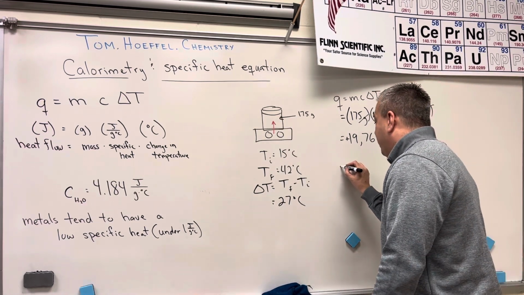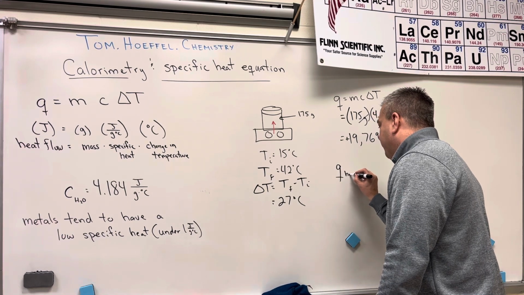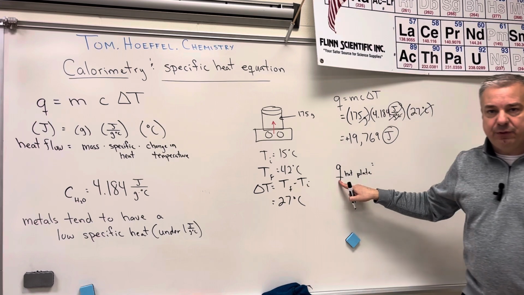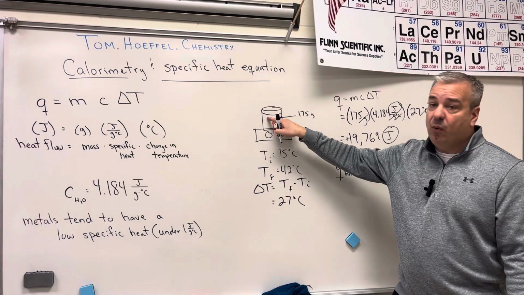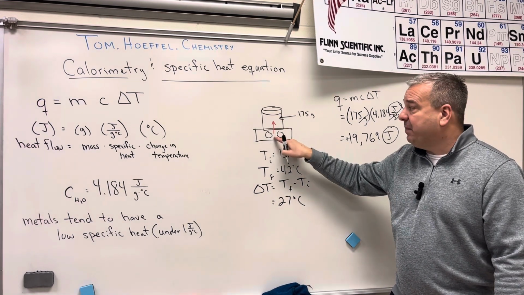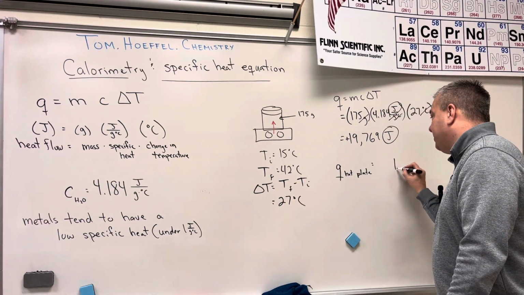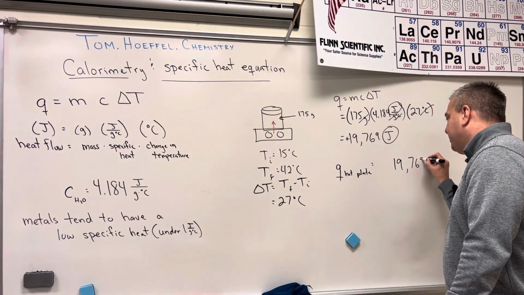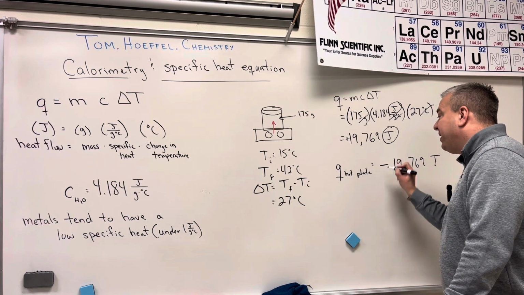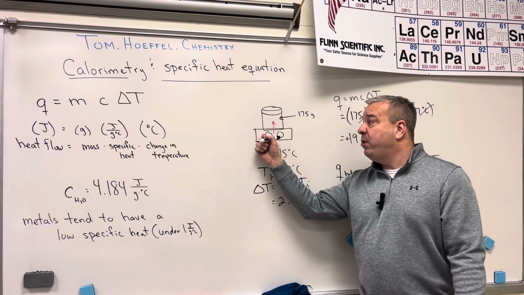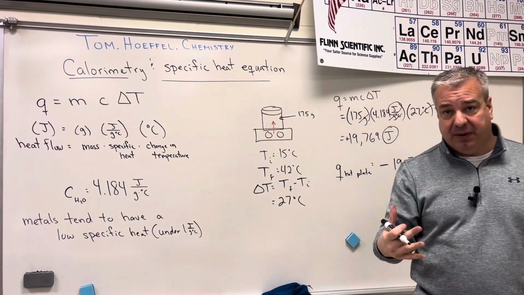Now, if I was talking about the hot plate system, if I want to know, hey, what is the heat flow, but instead of the water system, I'm talking about the hot plate system, it would be the exact same magnitude, 19,769 joules, but it would be in the negative direction because the heat flow would be leaving the hot plate system.